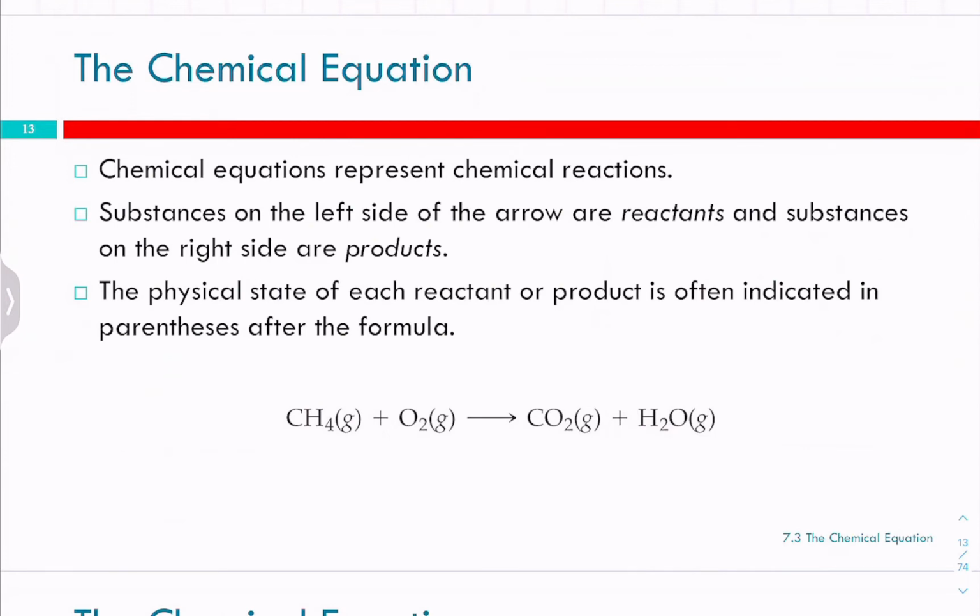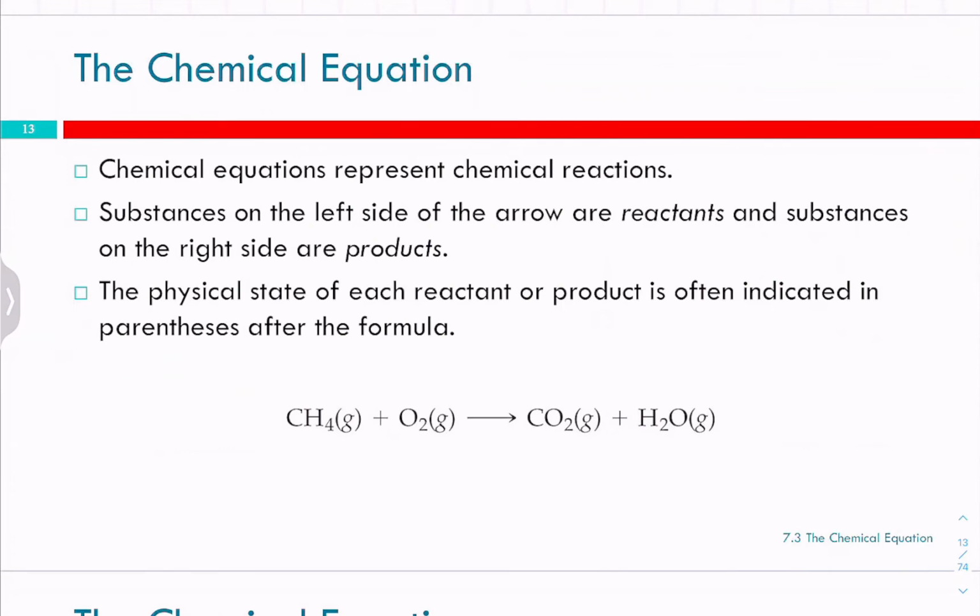So for example, if we have methane there, I need more bonds. The CH4 is methane, so it's natural gas. It's reacting with oxygen, and it forms CO2 and water. So the left side of the arrow, it's read just like English, just like a sentence, left to right.